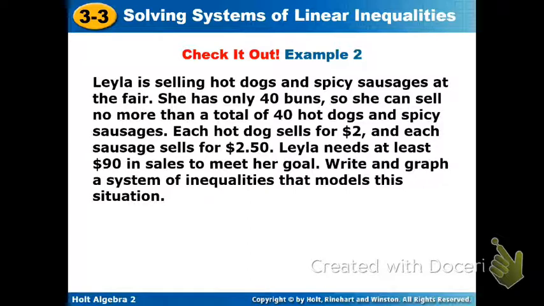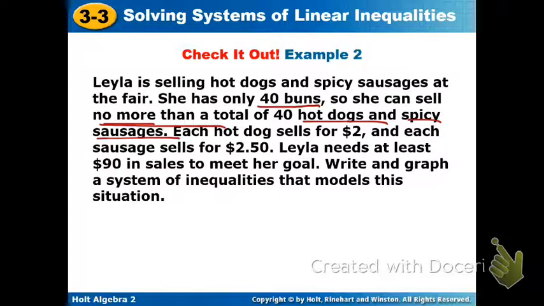So Layla's first limit is the number of buns that she's bringing to the fair, and she's only bringing 40. So she can sell no more than a total of 40 hot dogs and spicy sausages.